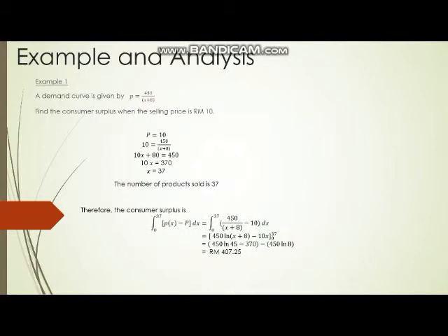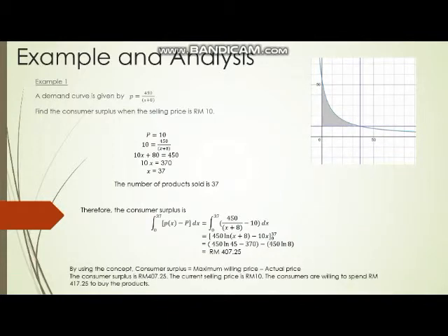Therefore, the consumer surplus is the integral of P(x) minus P, and our lower and upper bounds of integration are 0 and 37. Finally, we will obtain 407.25.